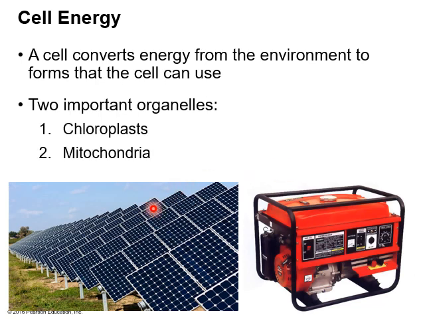So chloroplasts are like the little solar panels inside of plant cells, and mitochondria are like the little generators that you find both in animal cells and in plant cells. What these two organelles do is essentially convert between different types of energy. So chloroplast takes energy in the form of sunlight and converts it into energy in the form of sugars. What the mitochondria does is it takes energy in the form of sugars and it converts it into another type of energy that our cells can actually use.